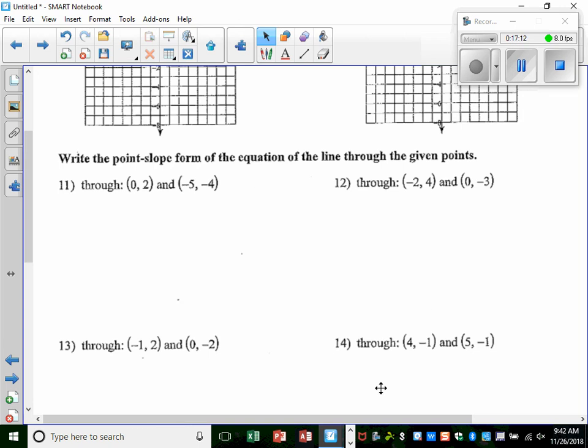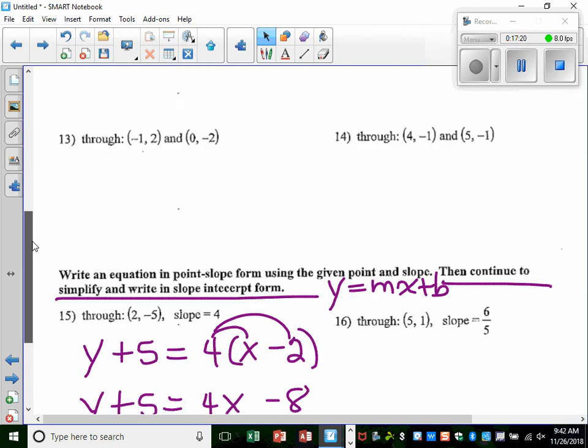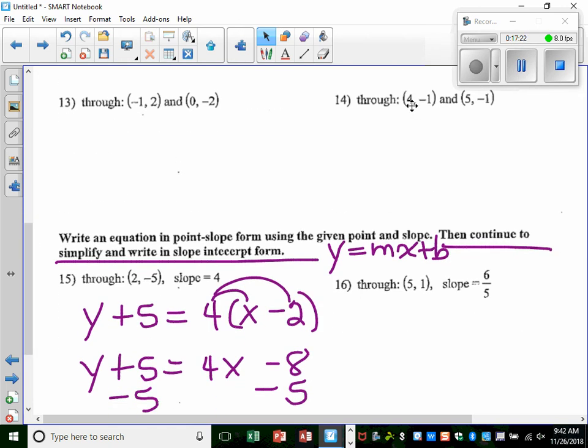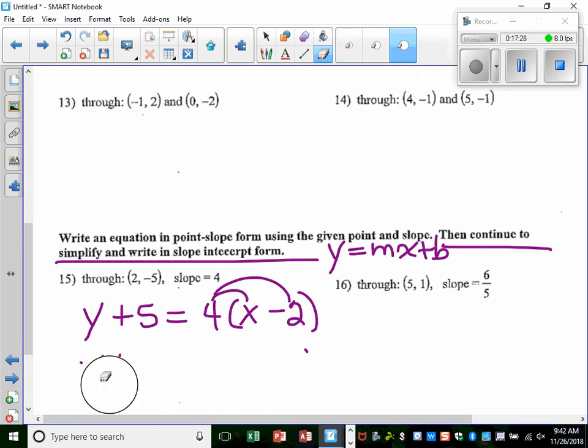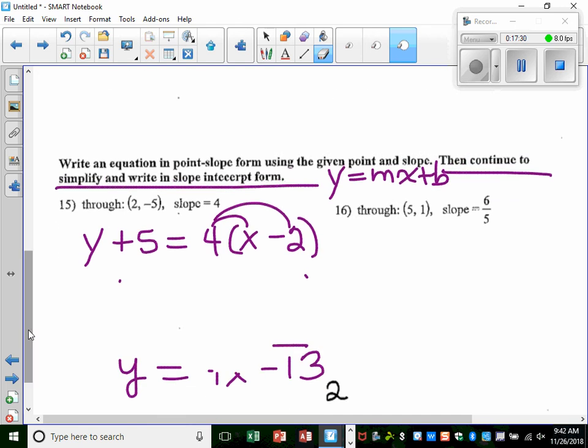These are the last 4 questions we just did, where you're given 2 points, find the slope, and then write the equation. Now, I want everyone to look at question 15, because I did not give you one like this, but let's take a look at the very last 2 questions so you'll know exactly what to do. So I will do 15 and then you'll do 16.